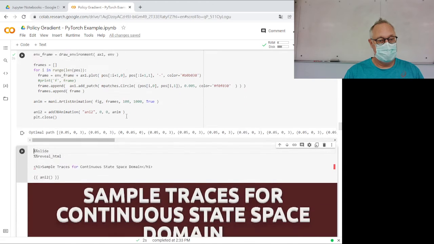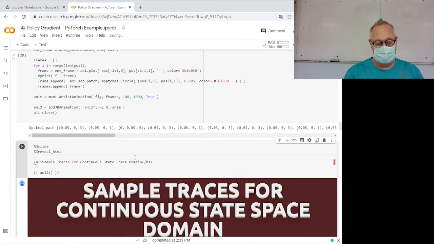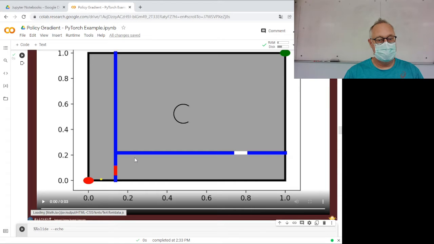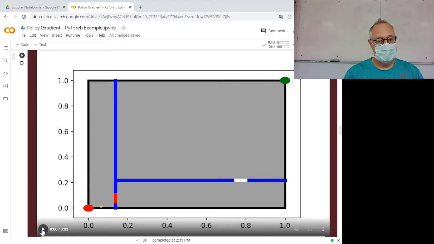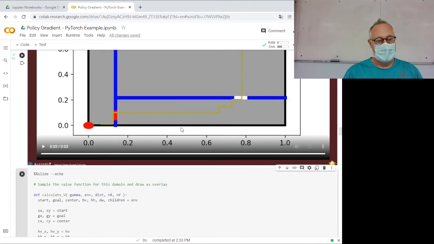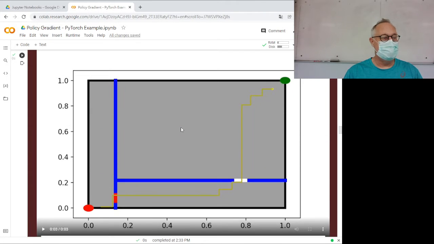So now we found the optimal path and an animation, so now my robot can start. And now the last one is not drawn, but now it's close enough, within 0.1 of the goal location. So it solved the problem. And of course, this is much better than the random policy.